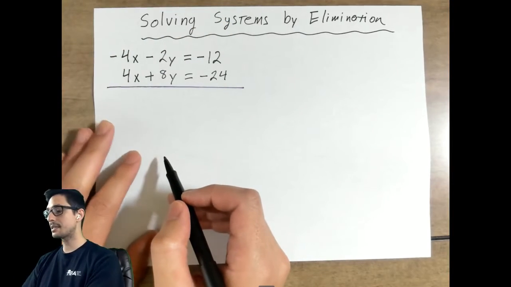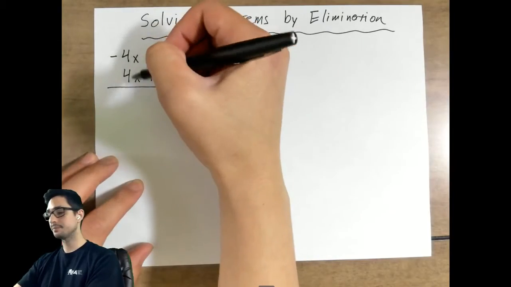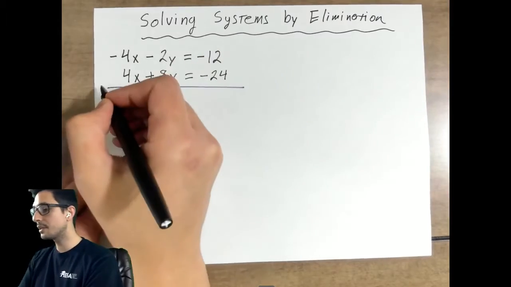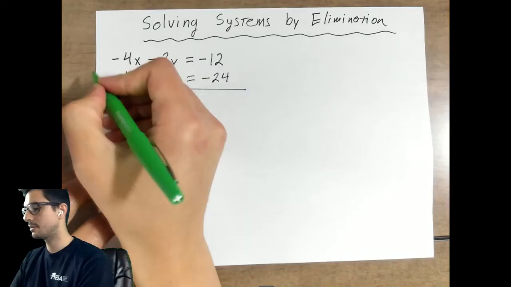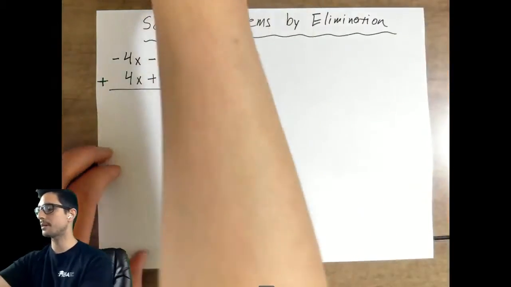What I mean by that is we're literally going to take this first equation and add it to this equation in the same column. So I'm going to add them together. All right, here we go.